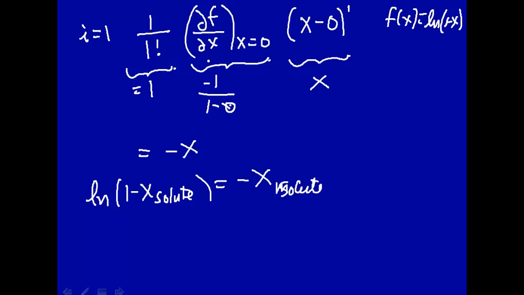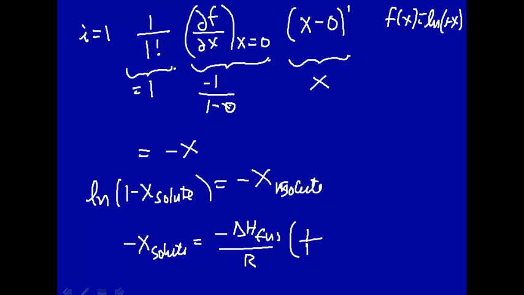those Taylor series expansions. So we go ahead and substitute that in our equation from a while back. So we get minus x of the solute equal to minus delta H fusion over R times 1 over T minus 1 over T, the freezing point of the pure substance.